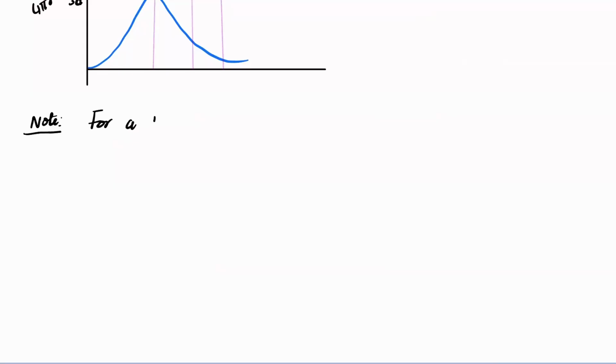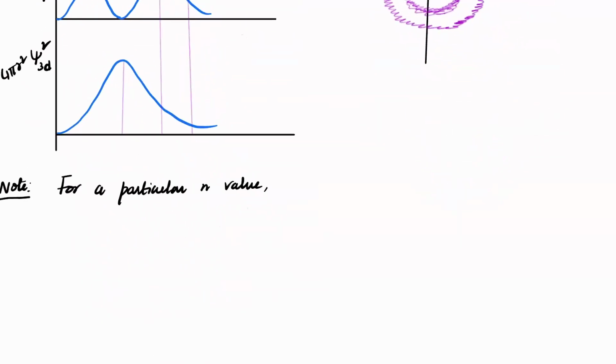For a particular n value, you will notice that the s orbital has more penetrating power.